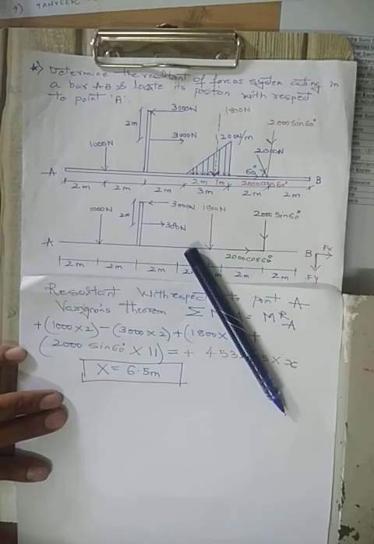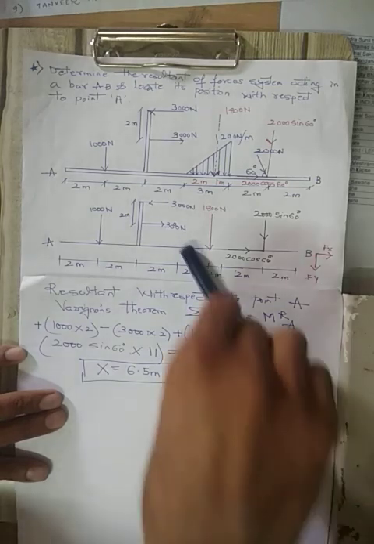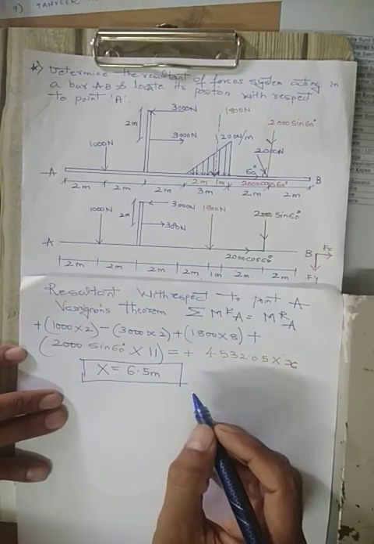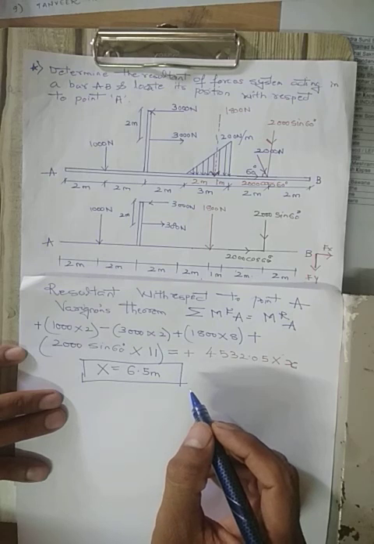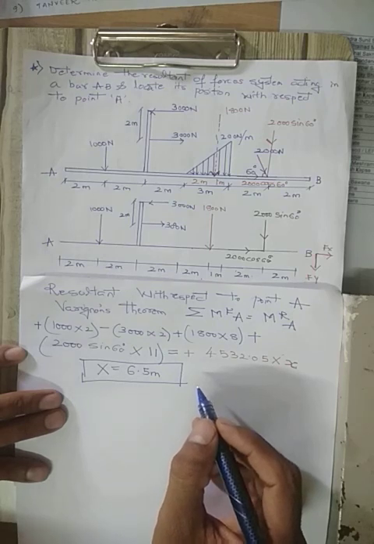So in this way the x-intercept for the resultant is 6.5 meters. We have calculated this distance, the x-intercept of the resultant, by using Varignon's theorem.